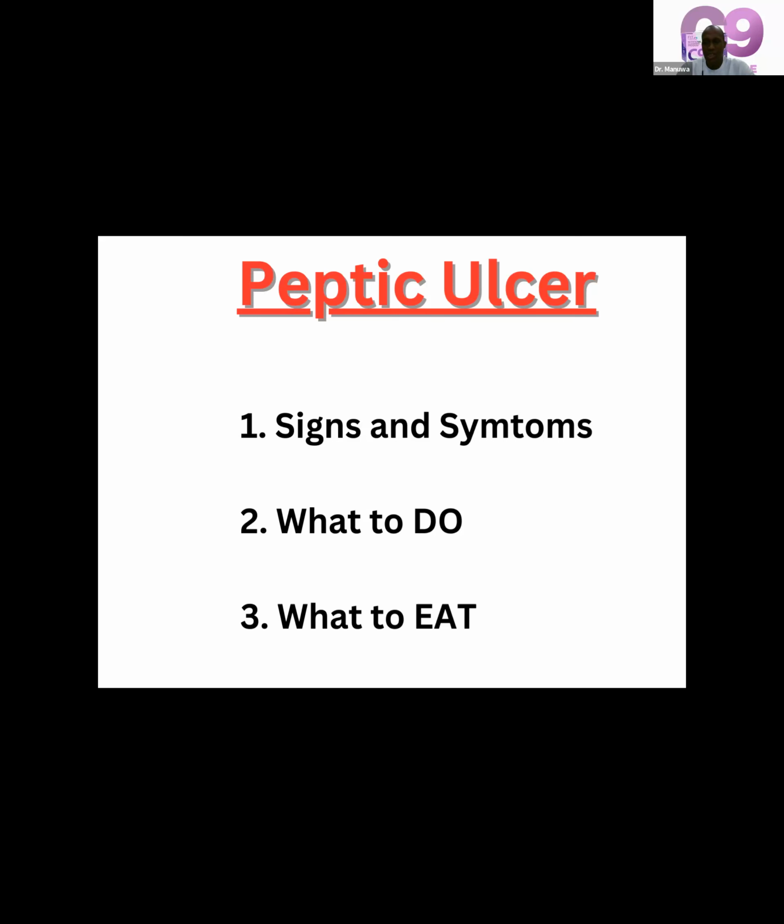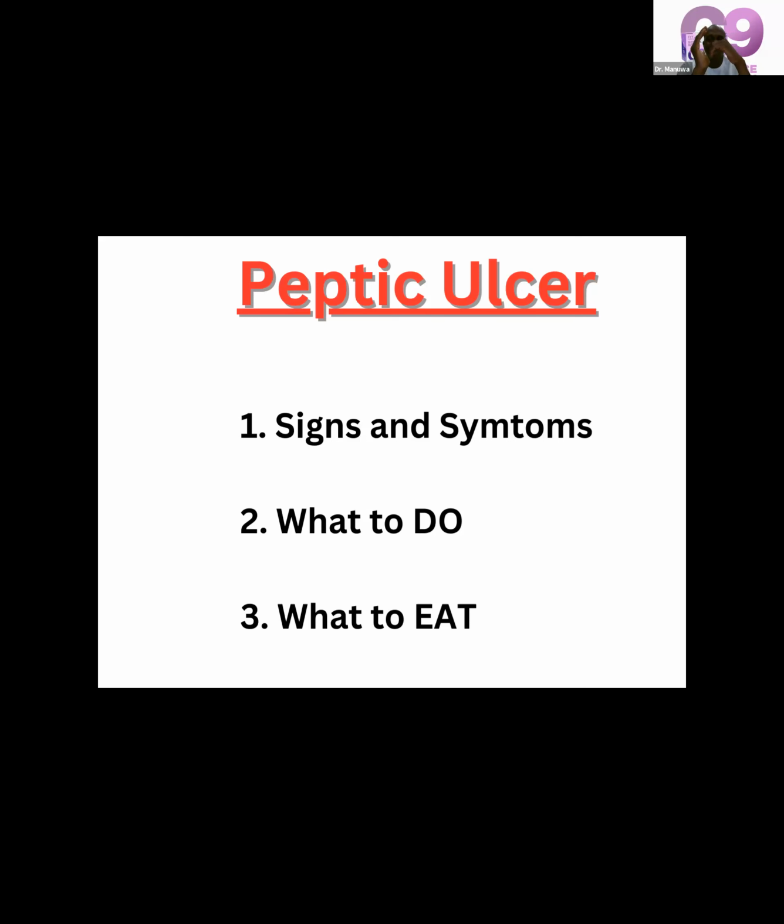But the peptic ulcer means gastric ulcer or duodenal ulcer. It is a condition that affects the stomach. If it affects the upper part of the stomach, that is the gastric ulcer.